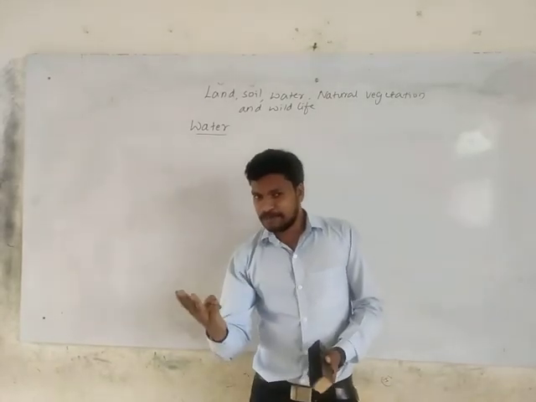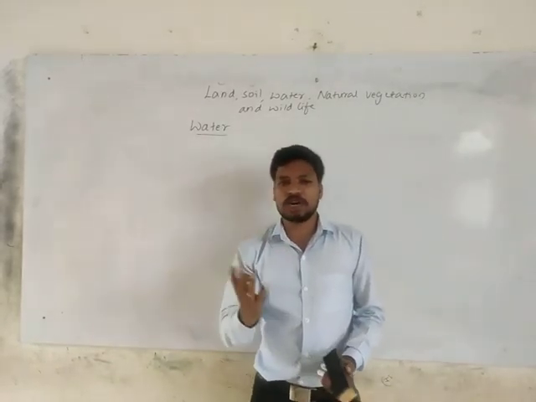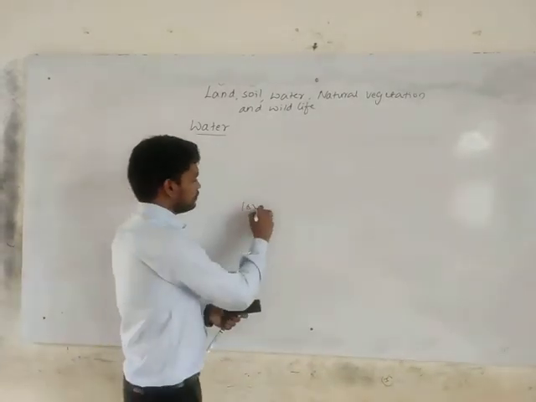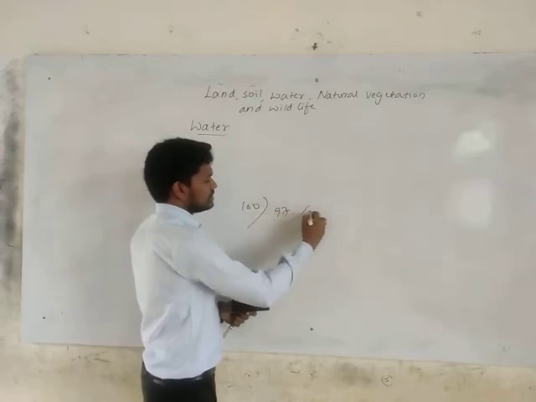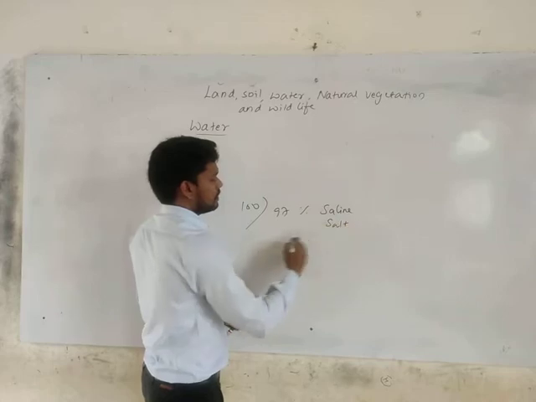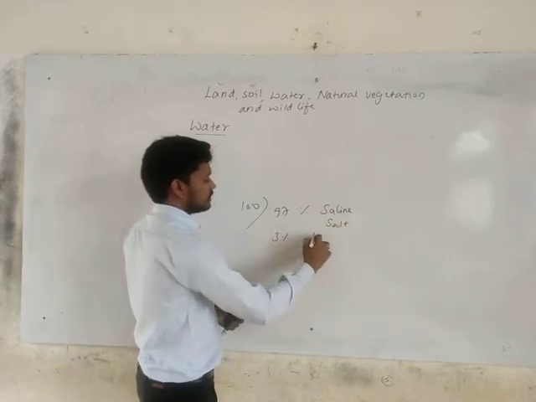So the remaining 3% is all fresh water. Among 100%, 97% is saline water, salt water, and the remaining 3% is fresh water.